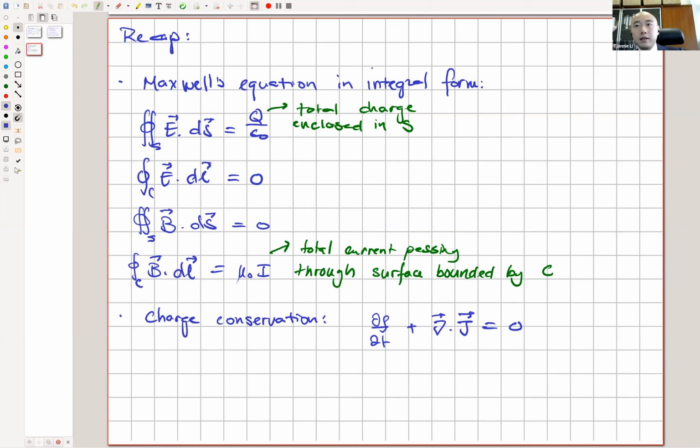J is the current density. And so this here is an expression for the charge conservation. Okay, so that's pretty much a recap of what we did last time around.